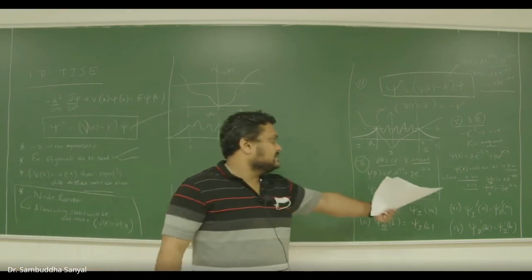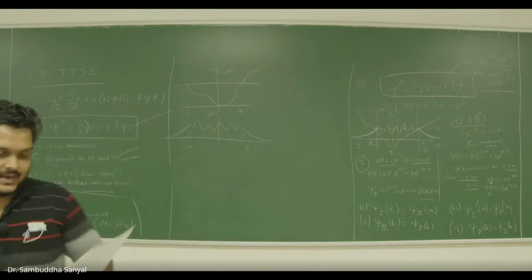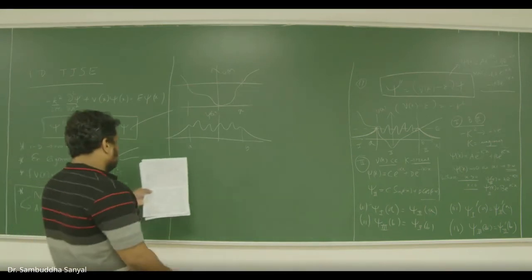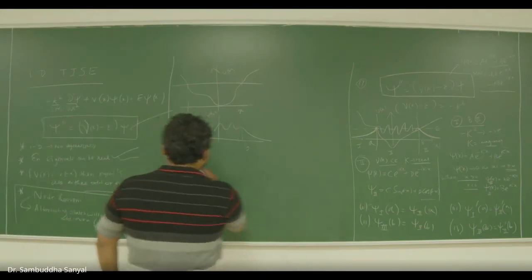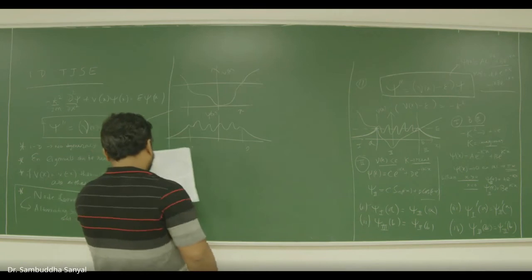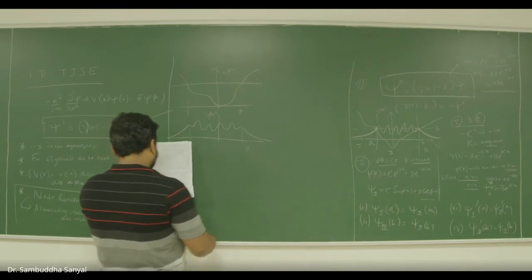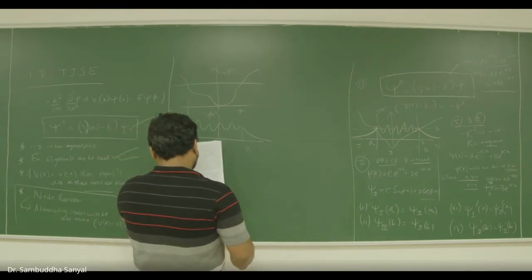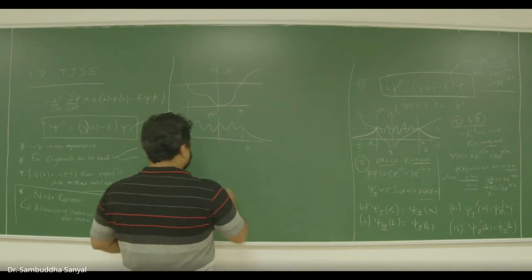What more can I say? That it has these 4 unknowns and 4 boundary conditions. So let's see what could be the possible solution. Let's use boundary conditions 1 and 3.